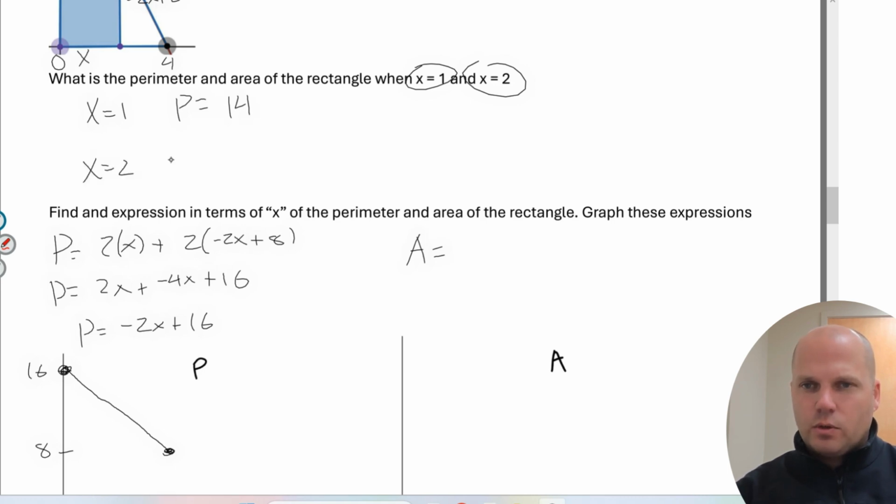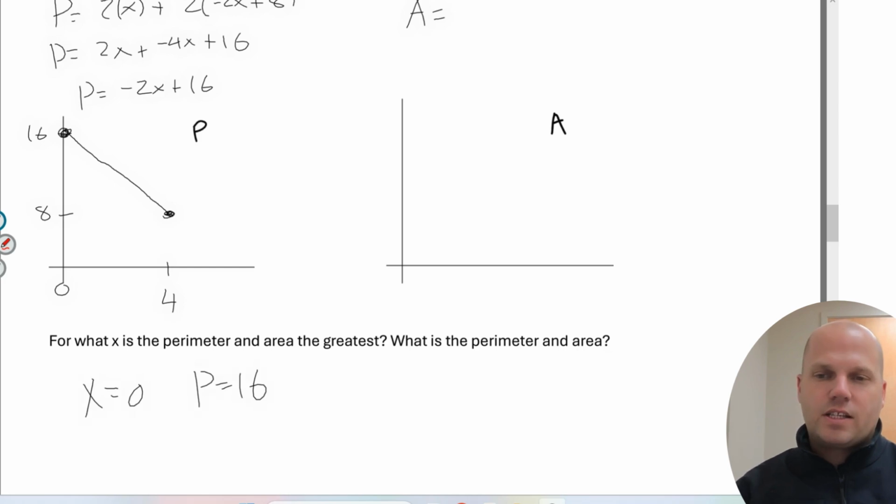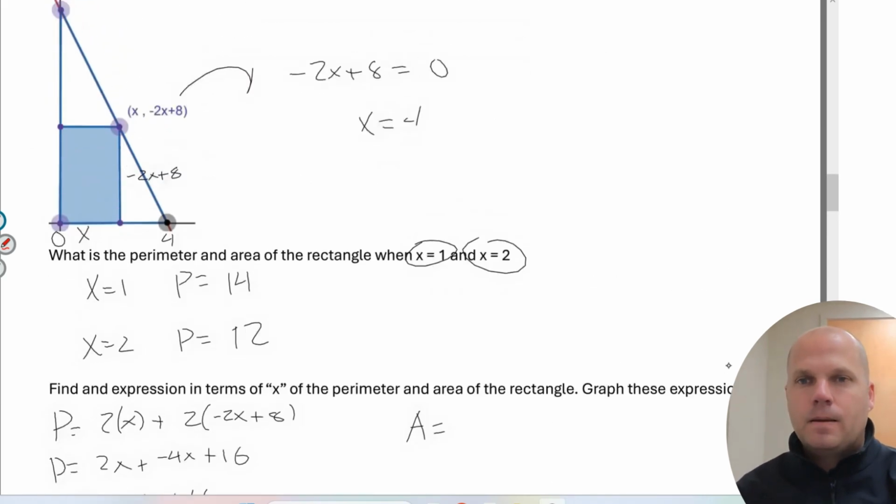If x equals 2, plug in 2, my perimeter is 16 minus 4, which is 12. Great. And I can see that my perimeter is going to be the greatest when x equals 0. The perimeter is 16. That's my greatest. Now, you don't have a rectangle, but we're just going to say we do. It's heights of 16 or 8, width of 0. We'll call that, but we're thinking about it approaching 0.